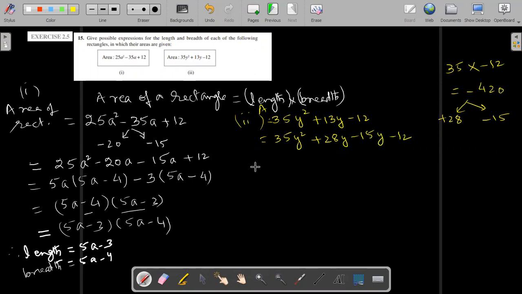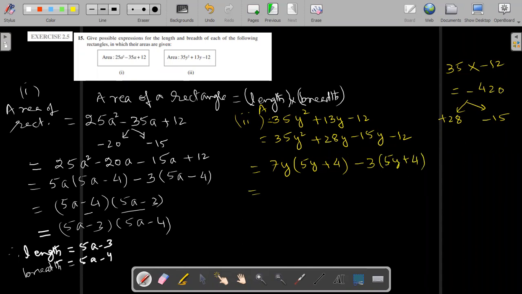Okay. Now common is 7y. In the first two terms, you can take out 7y common. 7 5s are 35 and y will be left; 7 4s are 28, 5y plus 4. Then take out minus 3 common. 3 5s are 15, so 5y plus 4.